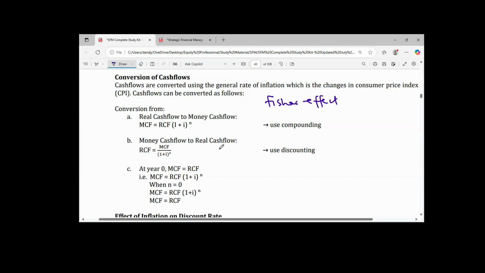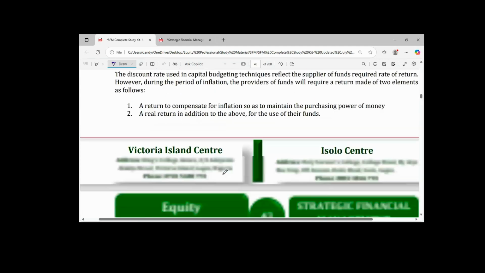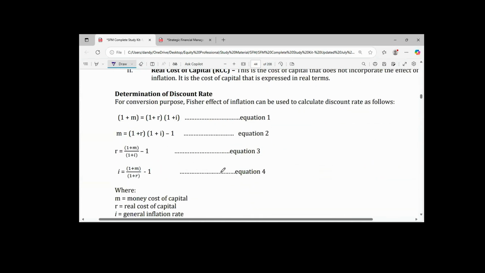According to Professor Fisher, 1 plus m is equal to 1 plus r multiplied by 1 plus i, where i is the general inflation rate.